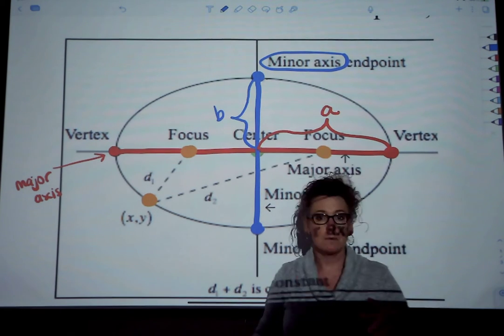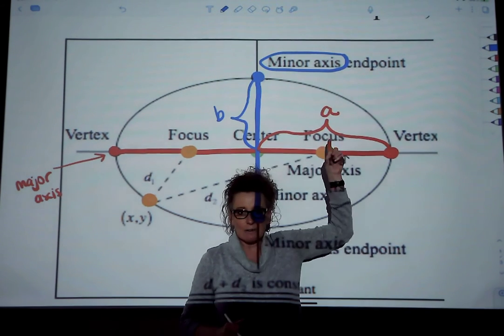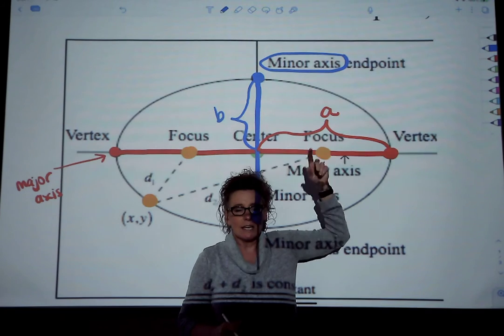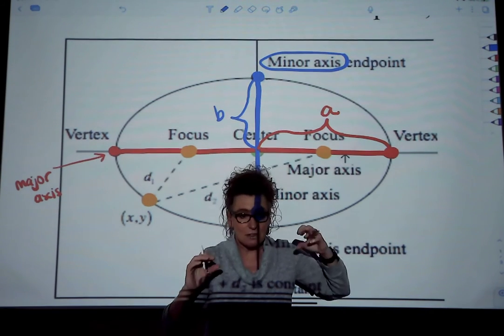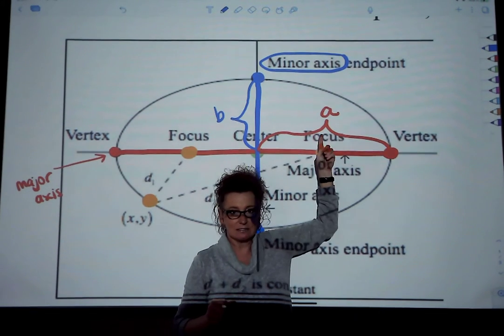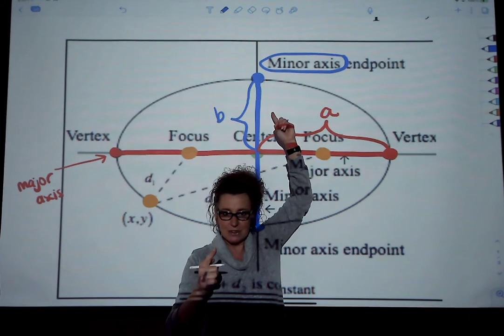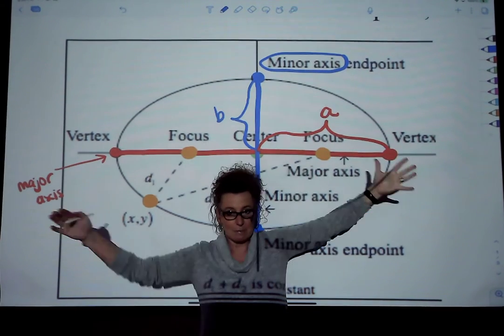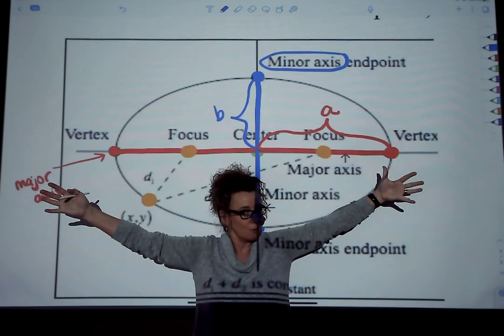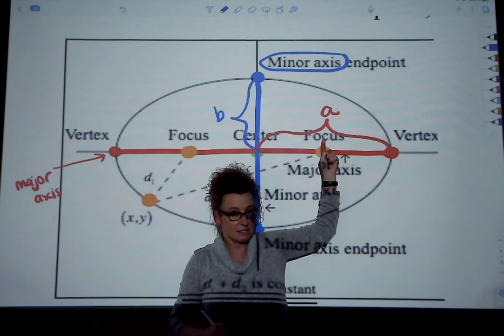Now think about this. Major axis. If A is linked with the major axis, isn't this red length going to be bigger than this blue length? Because the major one is the longer of the two. So this distance is going to be bigger.